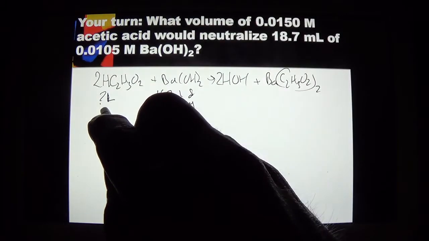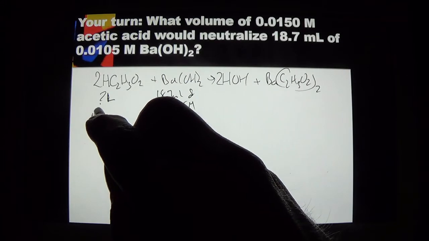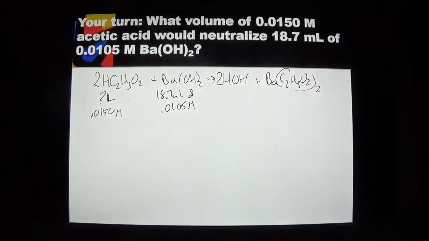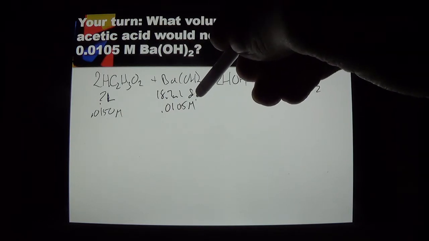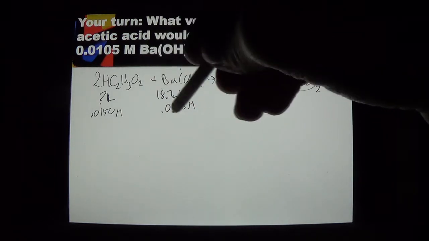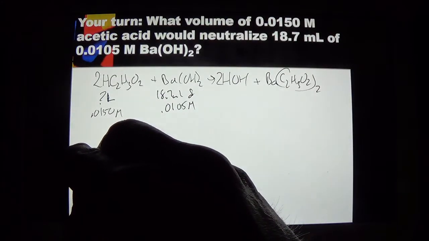And I note over here, I do know it's a 0.0150 molarity acetic acid. Okay? So that's what I've got going on, and the question you need to ask yourself is, what do I have complete information for? There he is. That's what I have complete information for, so that's what I'm going to start my railroad track with.